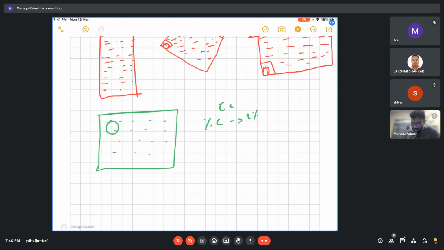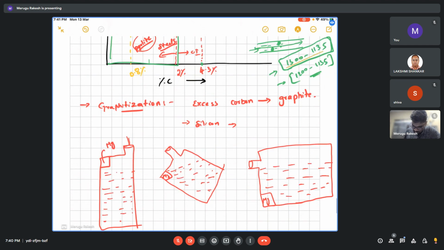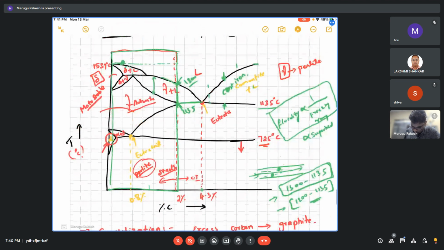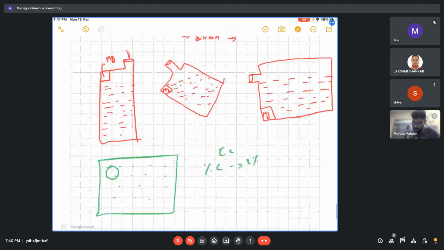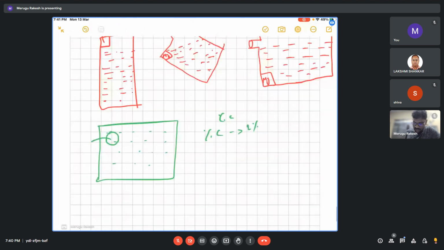So at certain regions I can get a concentration, say 0.8%, at which my delta phase is present. Suppose in this area I have 0.8%, which is good enough, I can form a delta phase, right? Yes. Correct? If you understand this concept, it is easy to understand this freezing range.